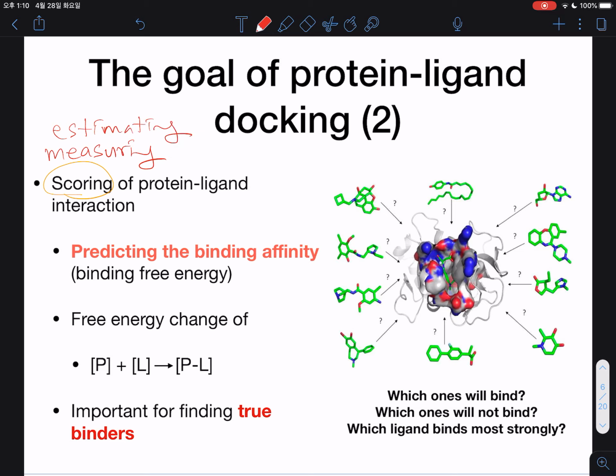In other words, it is predicting the binding affinity between protein and ligand, right? If we write it as a chemical reaction, the protein-ligand binding reaction can be written like that, and the binding affinity corresponds to the free energy change of this reaction.